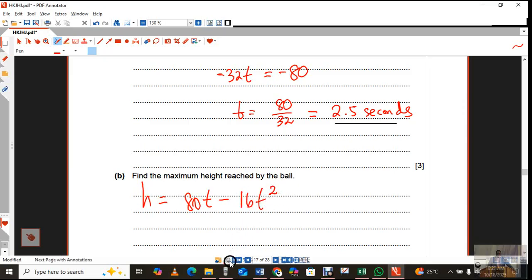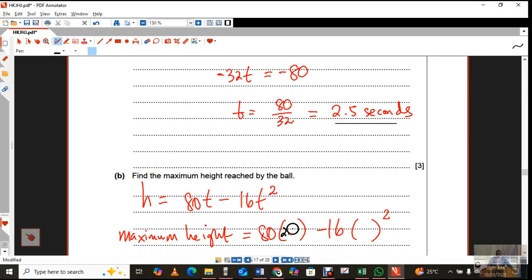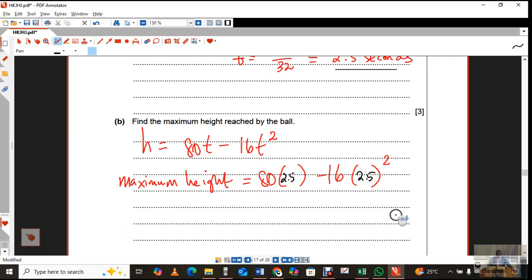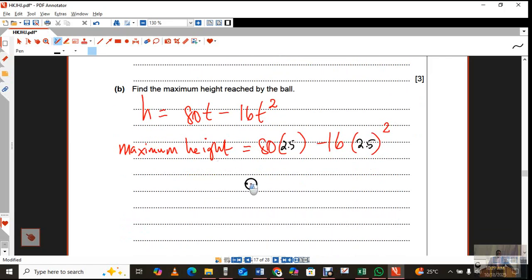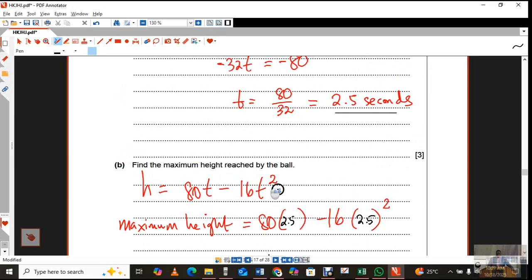So for the maximum height, you just substitute where we have a t, we substitute our time, which is obviously 2.5. Once you do that, you're going to get that the maximum height is 100 meters. So that is just substituting into the formula.